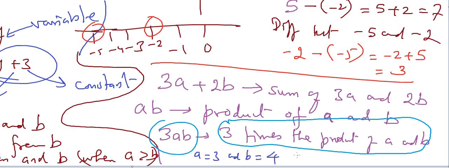Then 3ab is equal to 3 into a into b. So 3 into 3 is 9. So 9 into 4 is 36. So this is the value of the expression 3ab when a is 3 and b is 4.